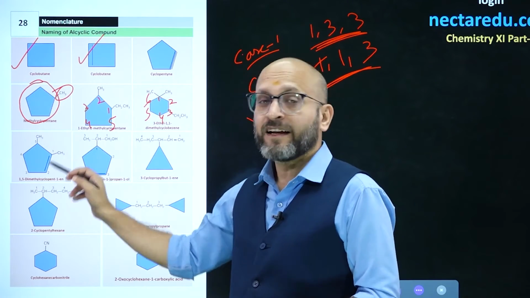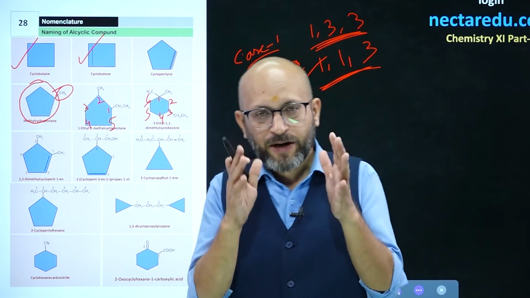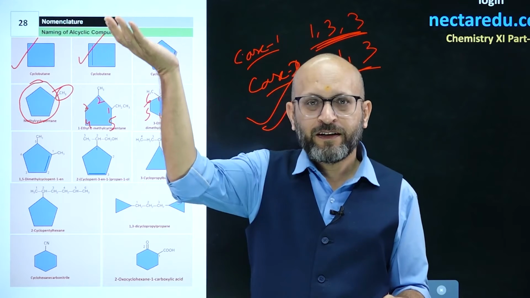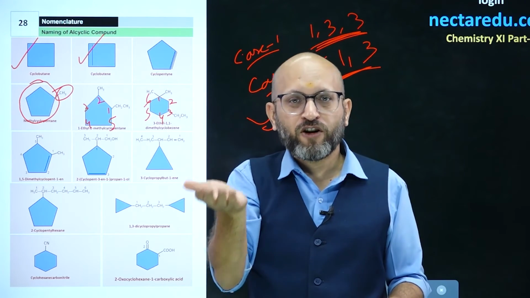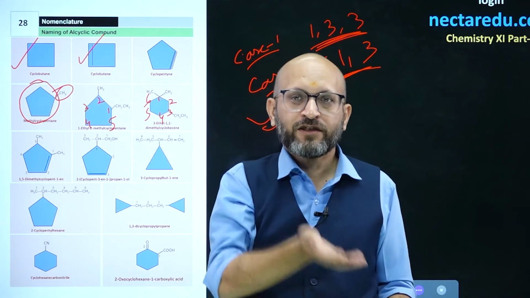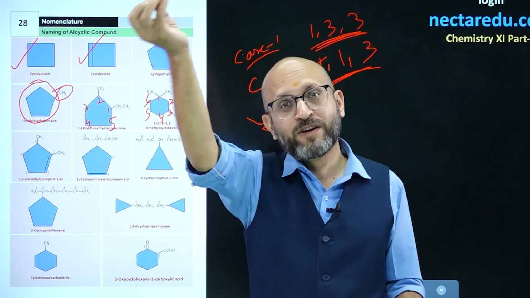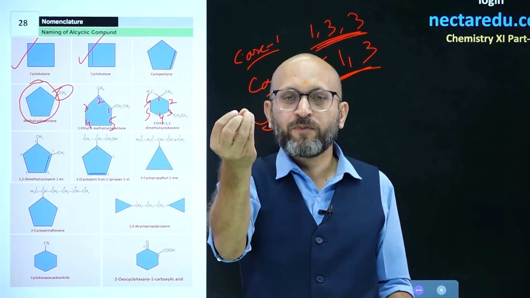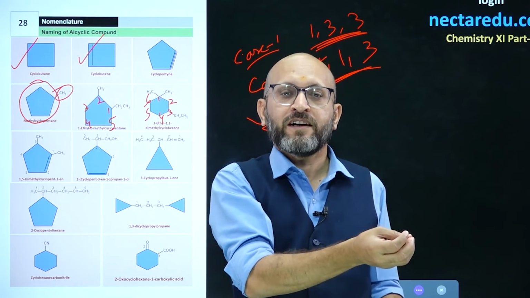So we'll start numbering from the carbon containing the double bond, because the priority while numbering is highest for the functional group, then for double or triple bond, then for side chain. Lowest number will be given to the functional group. If it is not present, lowest to double or triple bond. If it is not present, lowest to side chains. Alright.